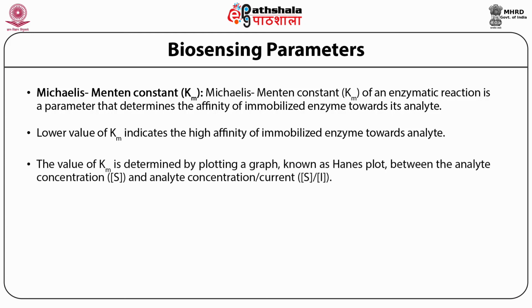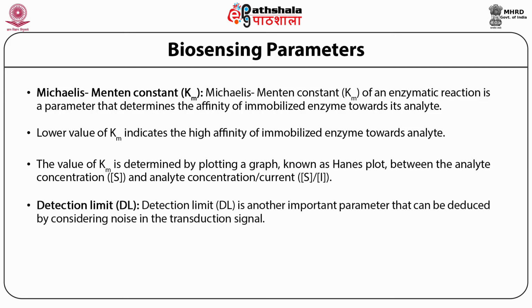The value of Km is determined by plotting a graph known as the Hanes plot between the analyte concentration and the analyte concentration per current. The ratio of the slope of the straight line of this plot to the intercept gives the value of Km. The fourth parameter is the detection limit.